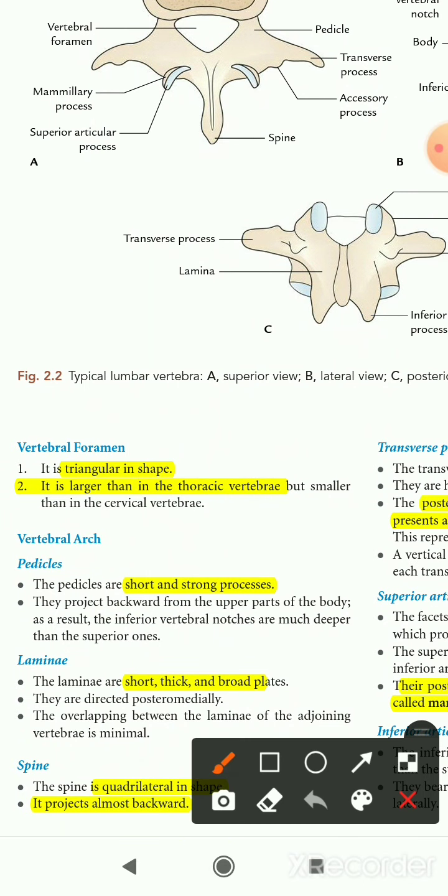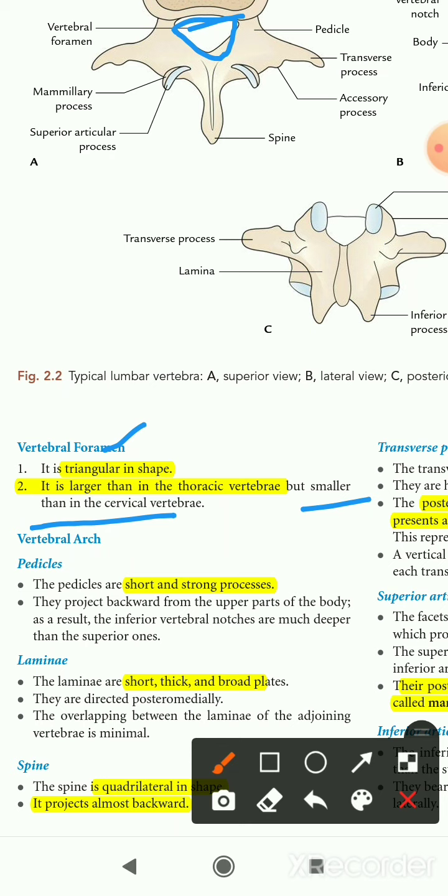The vertebral foramen is triangular in shape, and it is larger than in the thoracic vertebra but smaller than in the cervical vertebra. Look at that, this is the vertebral foramen, and you can easily see it is triangular in shape.